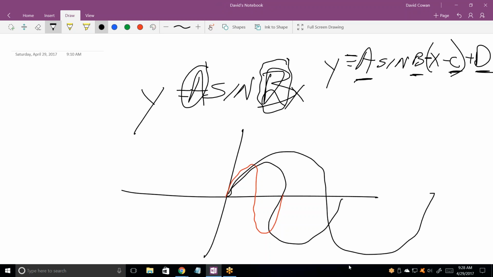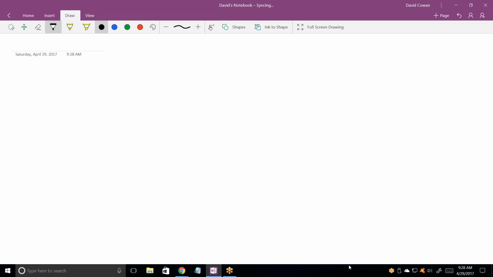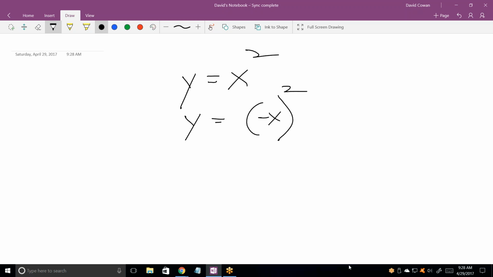If you're trying to illustrate transformations with this function, it doesn't really work, because y equals minus x squared, which would be a horizontal reflection because the negative sign is inside the function, equals x squared.